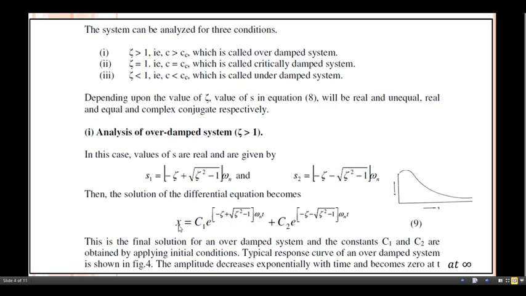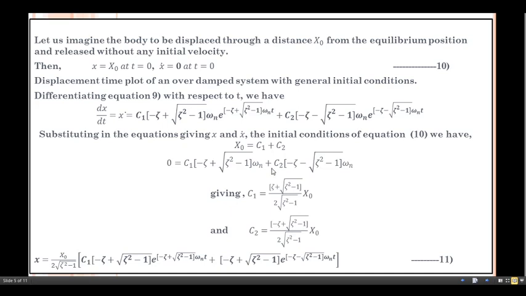If I substitute x equals x naught and time t equals 0, e raised to 0 is 1 here. Again the same case with this one, e raised to this term multiplied by omega n becomes 0. So we can get x naught equals c1 plus c2. In this way we get the first equation, x naught equals c1 plus c2.